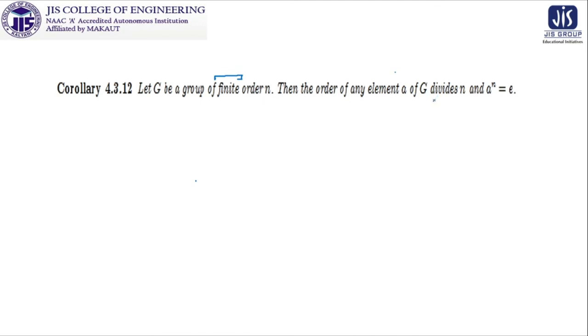And A to the power n gives you E. Because if you go further, you will get A to the power n plus 1, and if that is not E, then n plus 1 will never divide n. So it is not possible.